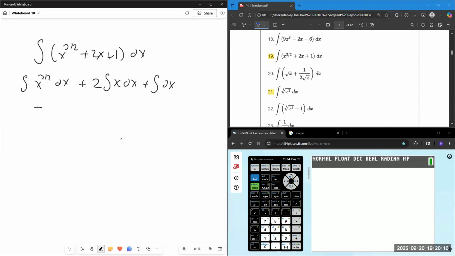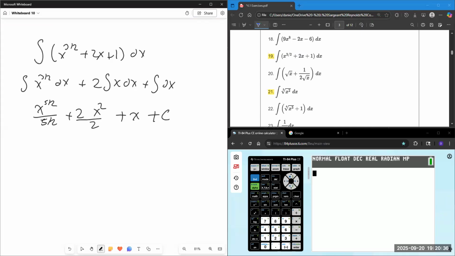So this is going to be x to the 5/2 divided by 5/2 plus 2x to the second over 2 plus, and the integral of any variable is the variable. The integral of 1 dx is x, like this.